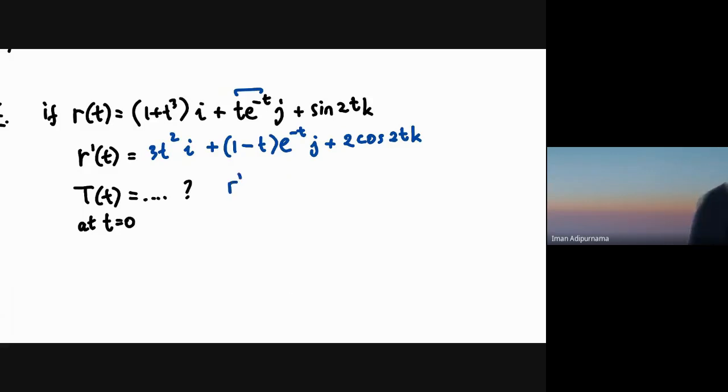And now we are trying to find the r prime at 0. This will be only j plus 2k, right?